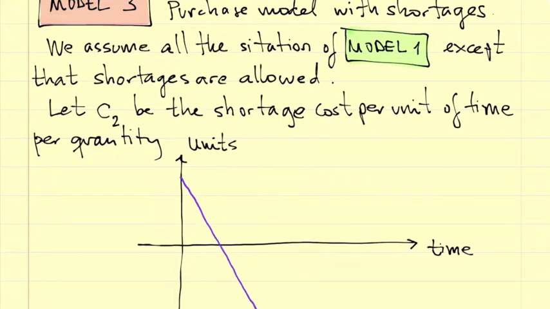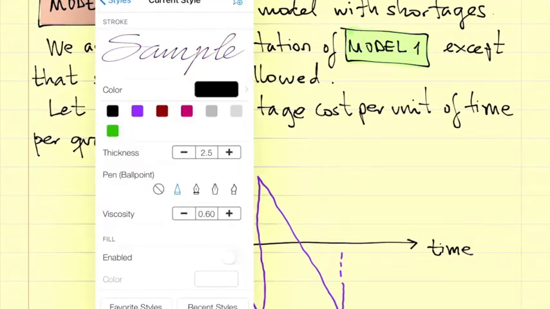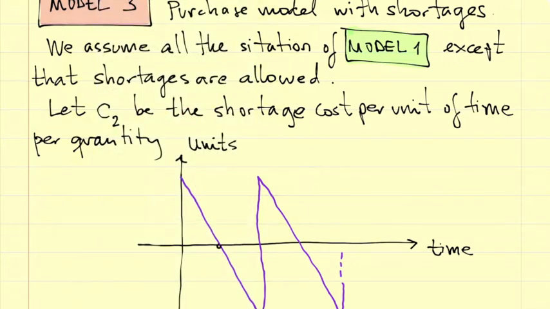Now we have instant replenishment because the situation is the same as with model 1. So this is the situation. In this case, this is T1.